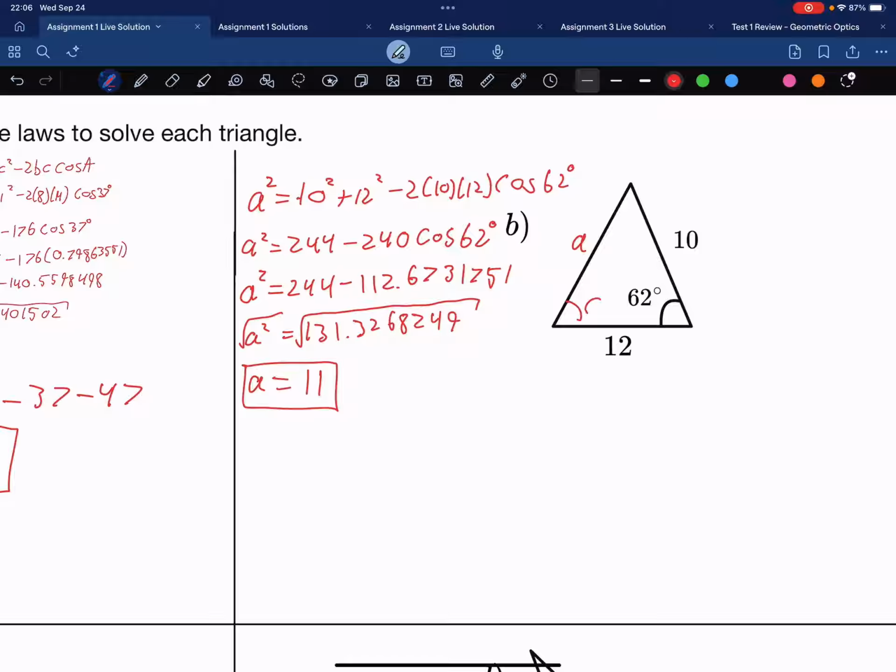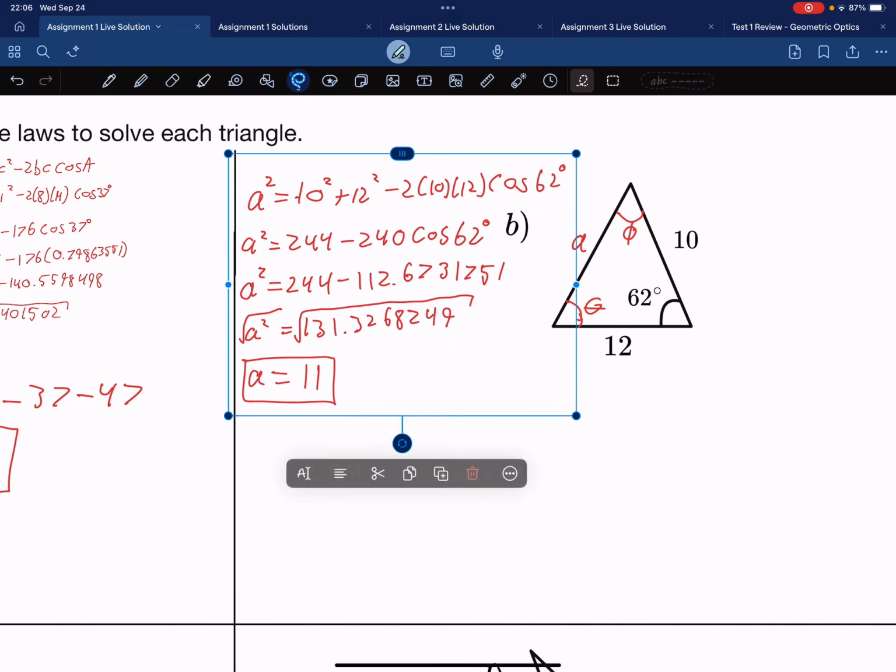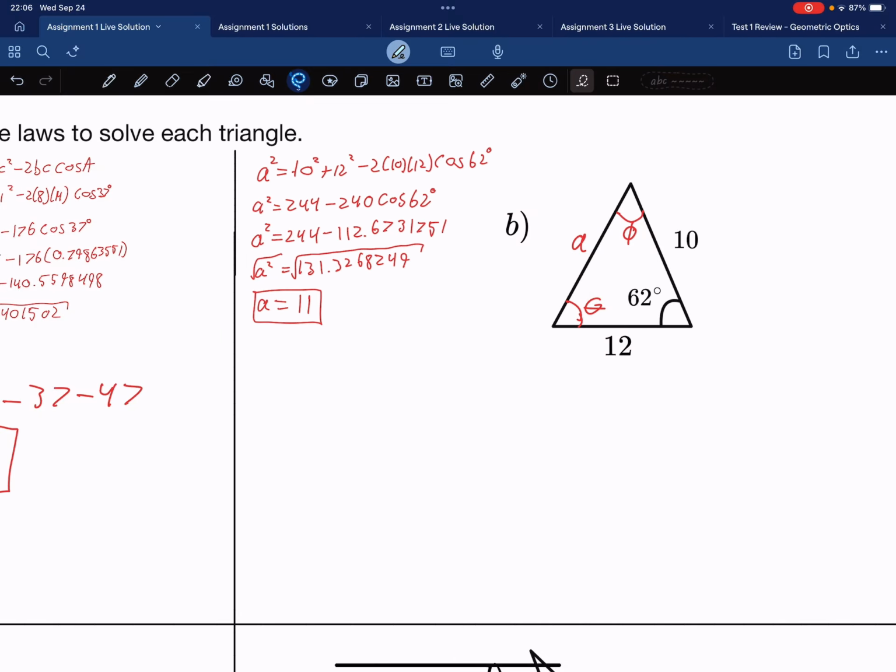I'm going to call this angle theta, call this angle phi. No rhyme or reason to which one's which. Doesn't matter. They're variables. They are meant to be varied. I'm just shrinking this to give myself a little bit more room. Okay. So now I'm going to look for a sine law with theta over 10.